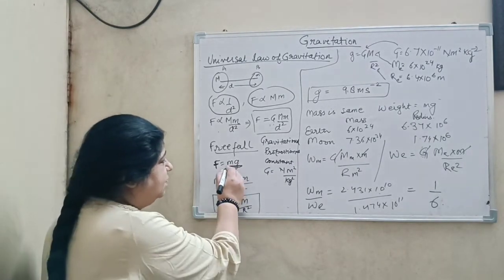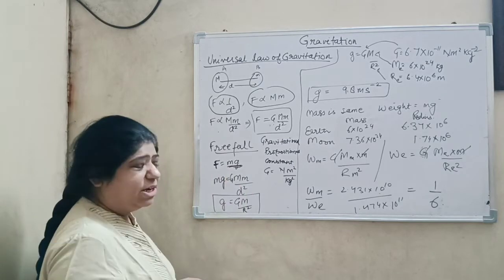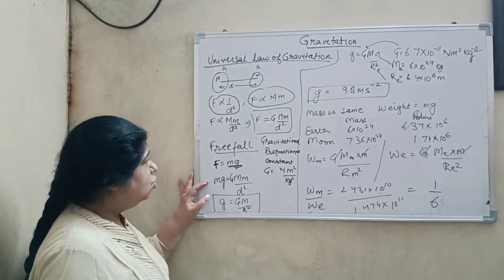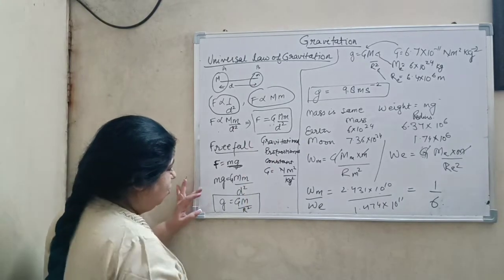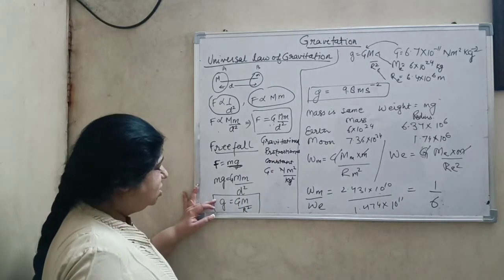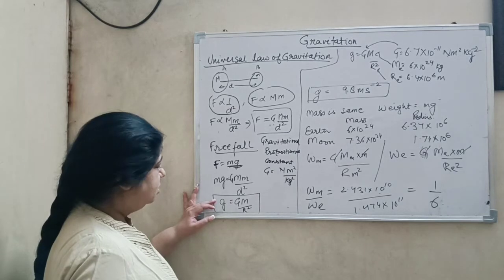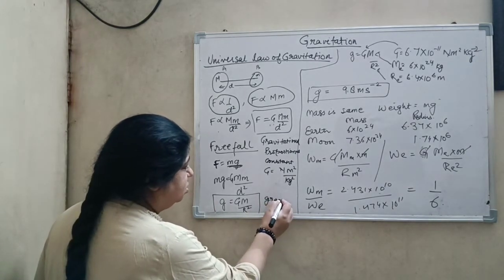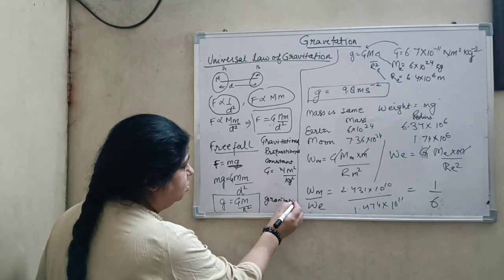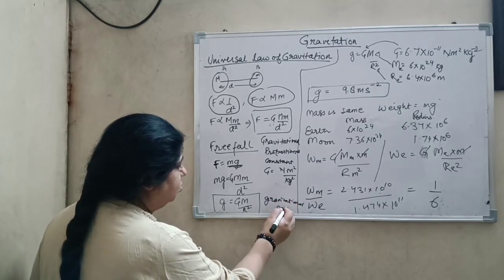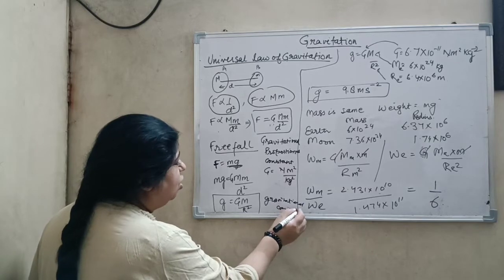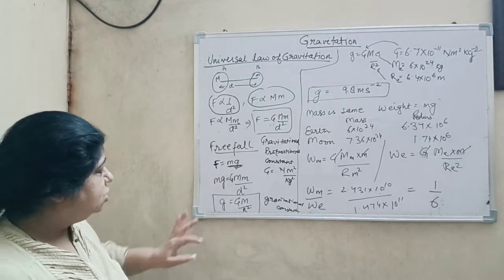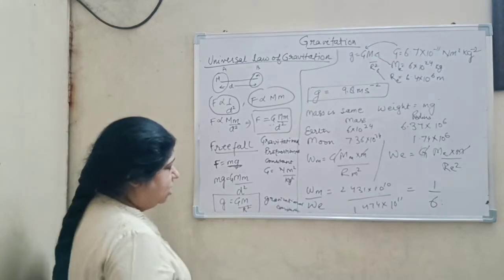Now mg will be the force acting upon the object which is falling from a distance. So this you have already found out. So the value of the gravitational constant will be, this is the gravitational constant. It is not depending on the value of small m, it is not depending on it.